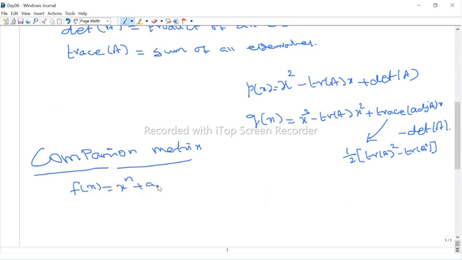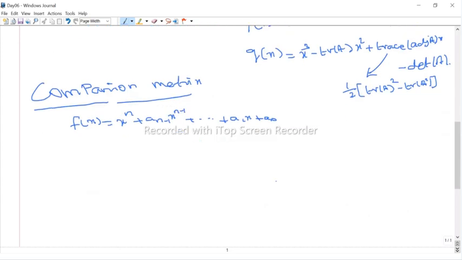Given any monic polynomial x to the n plus a n minus 1 x power n minus 1 and so on plus a1 x plus a naught, we can find an n by n matrix whose characteristic polynomial is this f of x. We call that matrix the companion matrix. How do we define that? The first row is 0 0, up to the n minus 1 column.